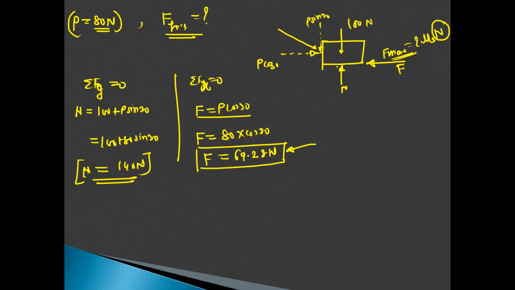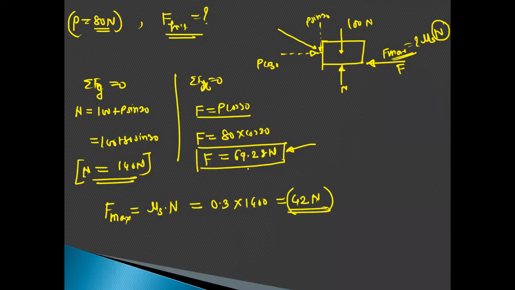When we change the force P, the normal reaction changes, so it becomes 140 Newton. Now F max is mu s into normal reaction, 0.3 into 140, which is 42 Newton. That means the surface can offer a maximum frictional force of 42 Newton.